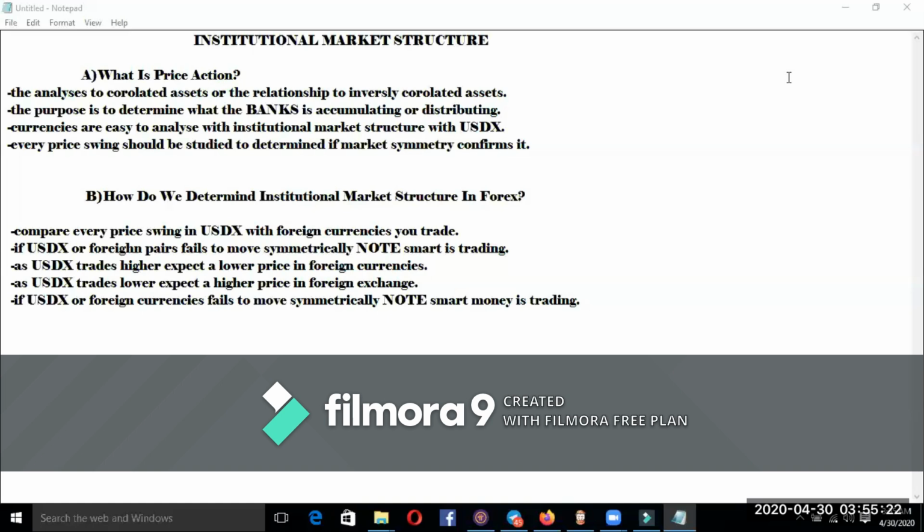Price action determines whether the bank is accumulating or distributing, whether the currency is easily analyzed with institutional market structure with the USD index. Every price swing should be studied to determine if the market symmetry confirms it, right?